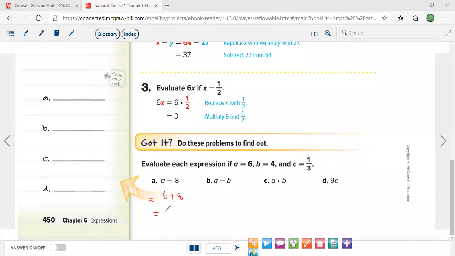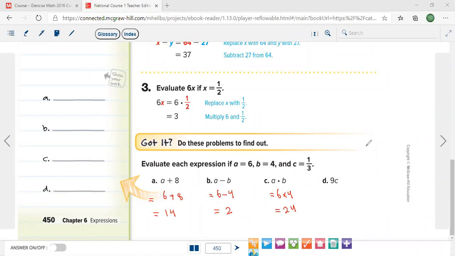This will give you 14. A minus B, A is 6 and B is 4, so this is 6 minus 4, which will give you 2. A dot B here means multiply, so 6 multiplied by 4 will give you 24.